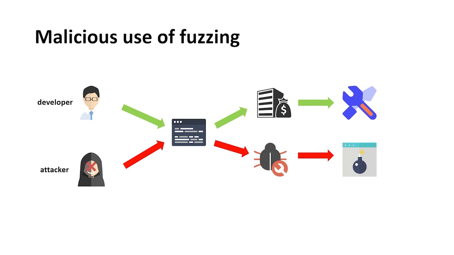On the one hand, developers can fuzz the program to find bugs and report them to the companies, and the companies can fix them before they are open to the public. However, the attackers can also fuzz the program to find zero-day vulnerabilities, and even worse, they can exploit the bugs to cause financial loss to the companies.